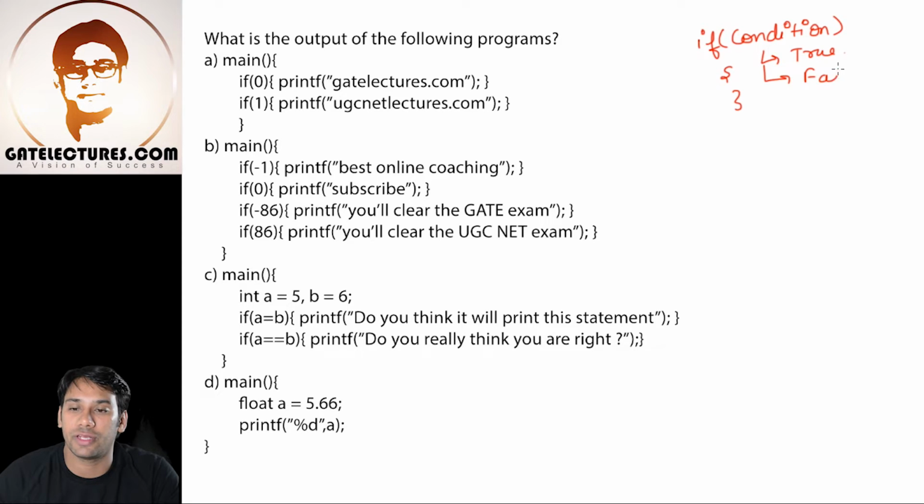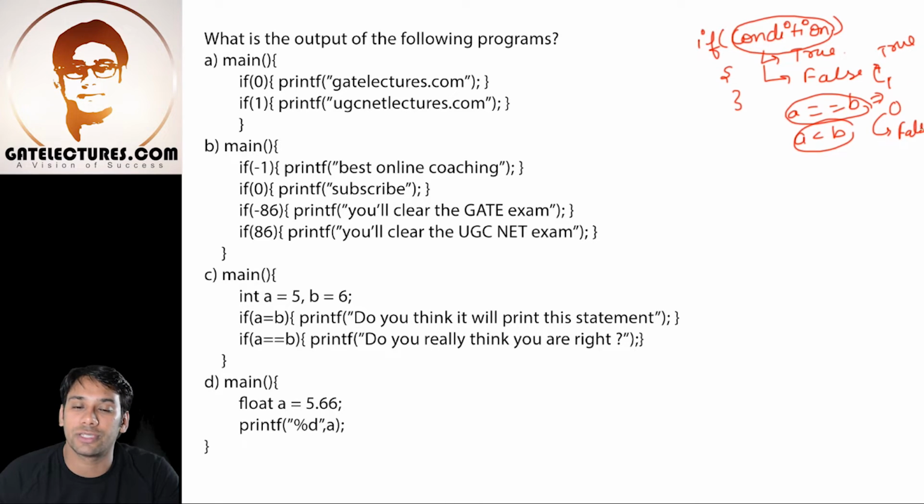Whenever we enter some condition here, for example, A double equal to B, or A less than B, these are the conditional statements. The outputs of these conditional statements are 0 and 1, where 1 means true and 0 means false. That means instead of entering A double equal to B or A less than B, here I can also enter 1 and 0.